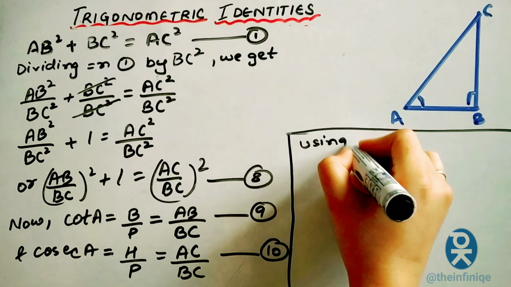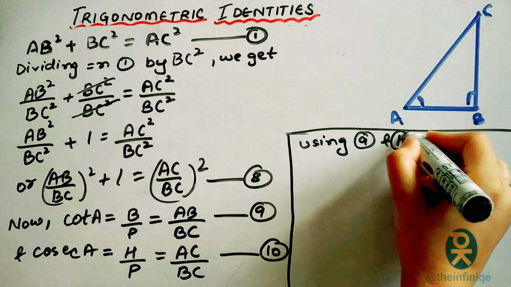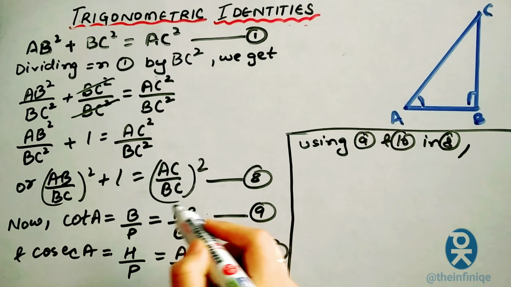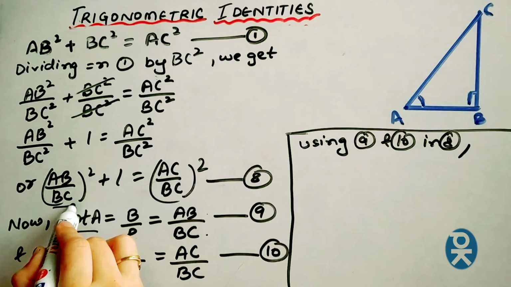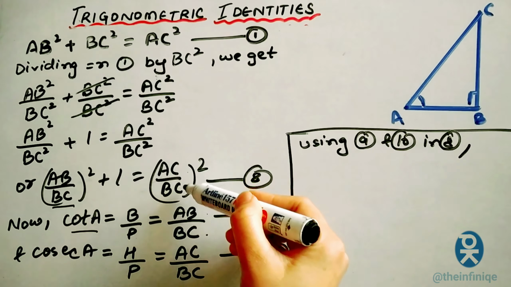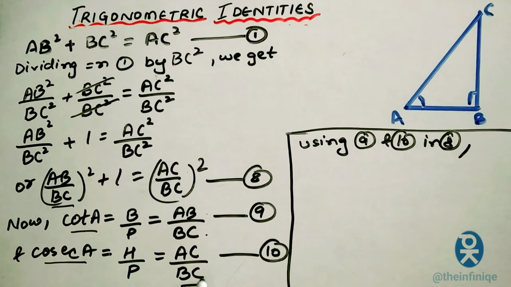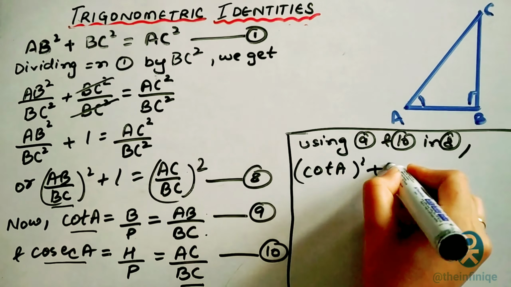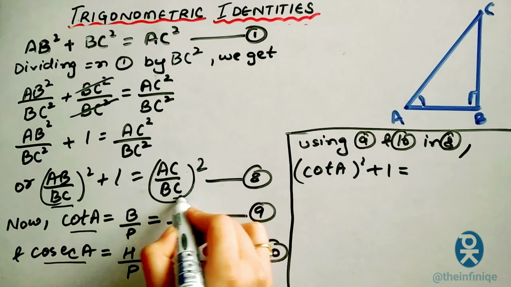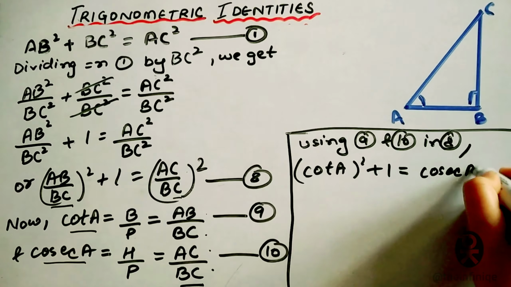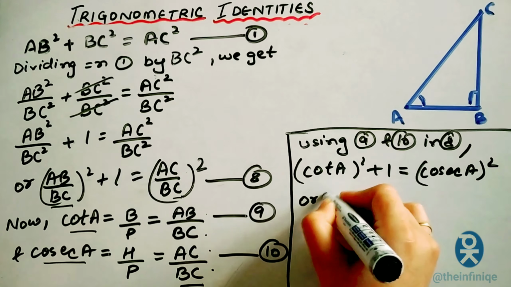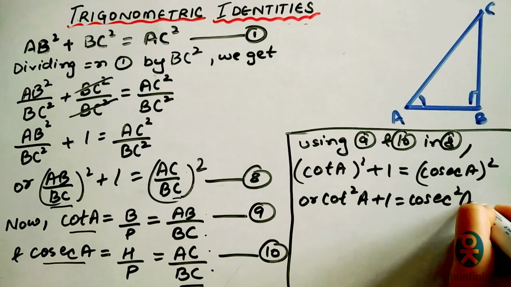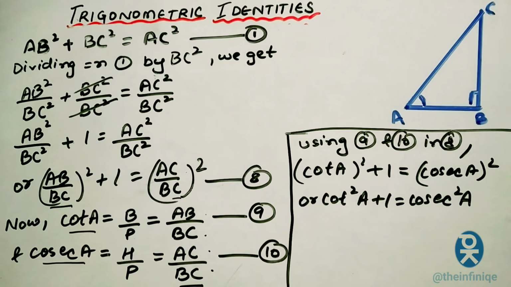Using equations 9th and 10th in 8th, we get AB upon BC is equal to cot A, and AC upon BC is equal to cosec A. So (cot A) whole square plus 1 is equal to (cosec A) whole square, or cot square A plus 1 is equal to cosec square A, which is the third required trigonometric identity.